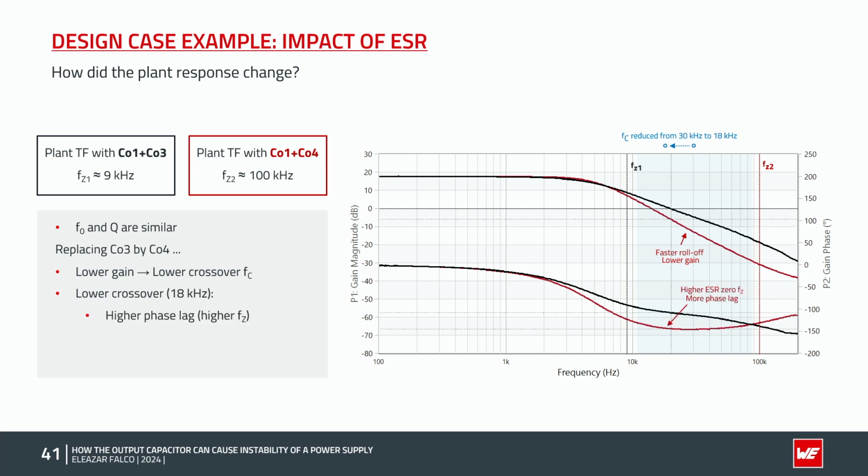Regarding the phase, we can see how the shifting of the ESR zero to 100 kHz causes around 35 to 40 degrees higher phase lag in the area of the new crossover frequency. This, together with the lower phase lead provided by the compensator below 30 kHz, caused the phase margin to collapse, leading to the unstable behavior we just observed in previous slides.